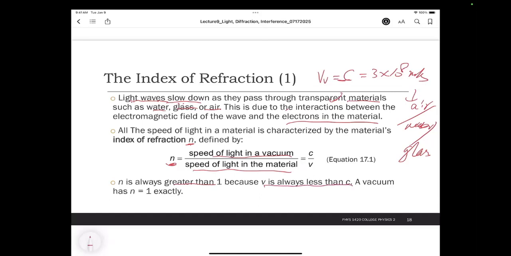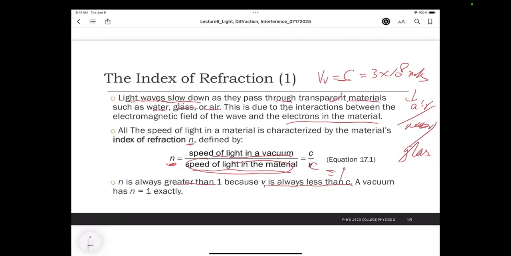The light in a vacuum has the fastest speed; if light passes through other transparent materials, its speed is always smaller than c. So a vacuum has n equal to 1 exactly, because the speed of light in a vacuum is c, divided by c, is 1. Am I right?